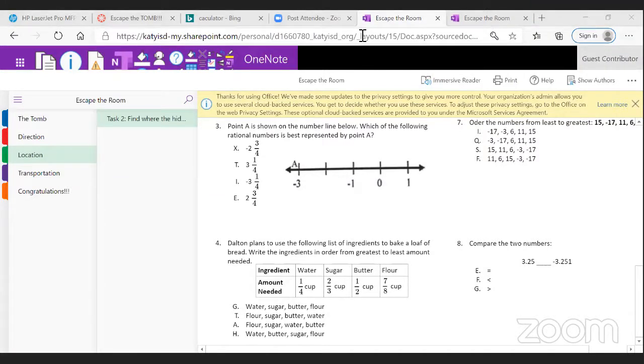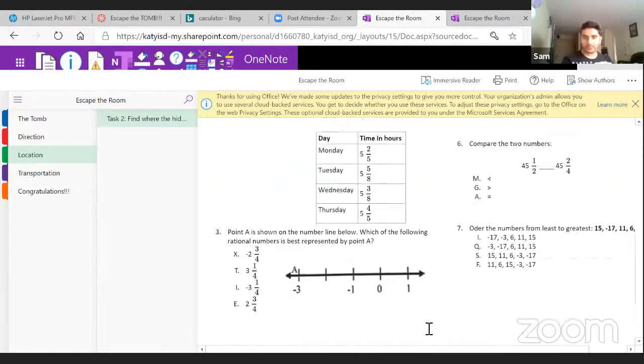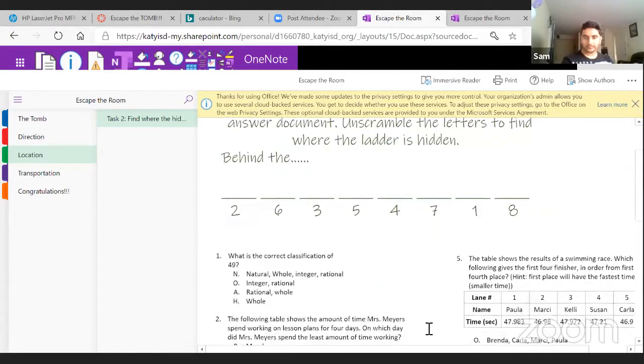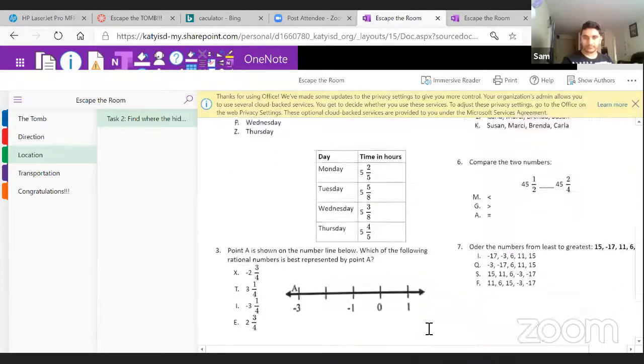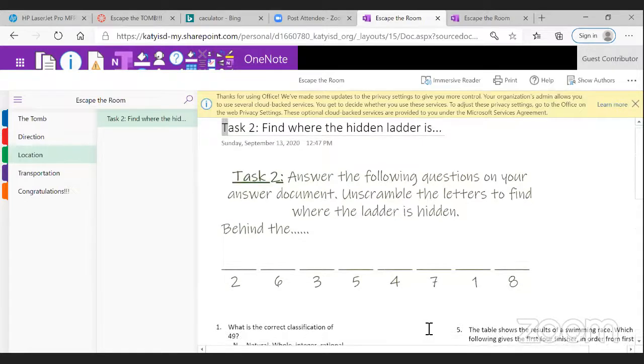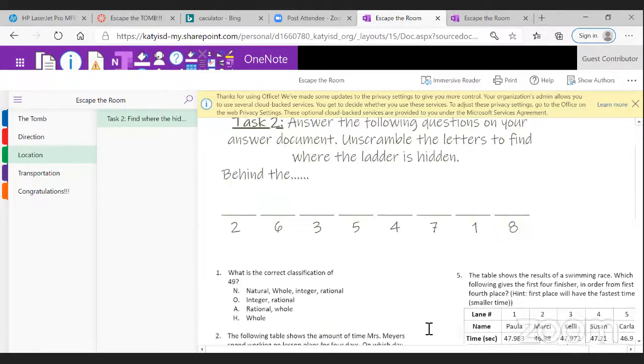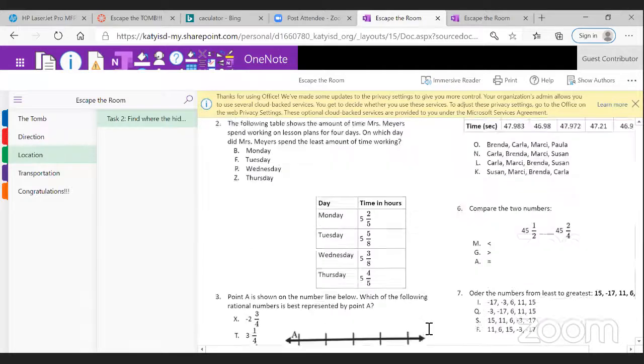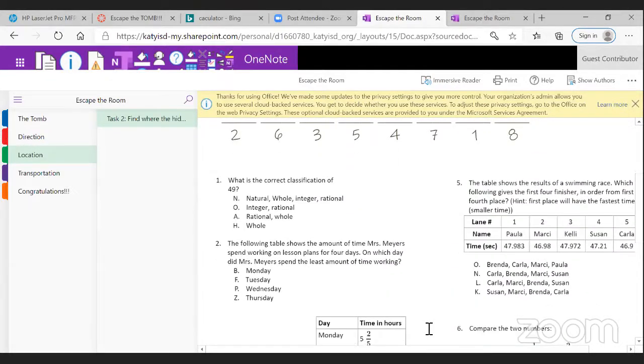I put, which one? Actually, all of it, I think. Well, I know some of them. I just haven't gotten to them, because I didn't get the password. Number 1.